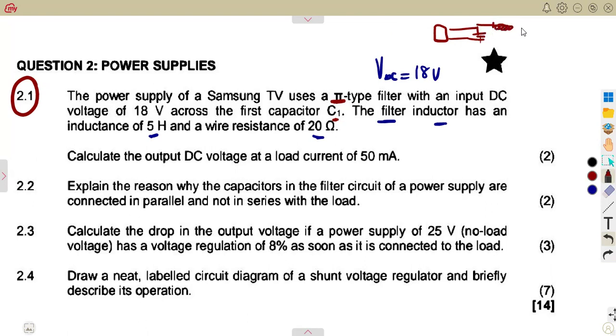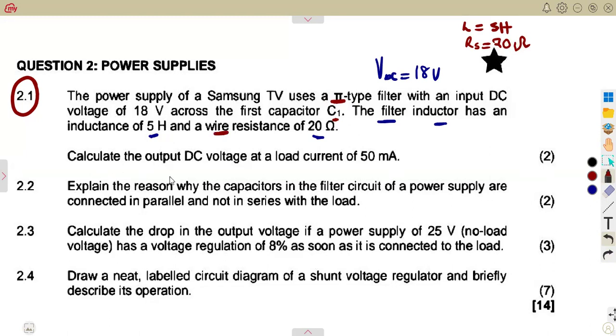So the inductor here can be in series, then there will be another capacitor there. So this is the condition that you are given, that it is in series with this one, a wire that is affecting the inductor. So there is an inductance of 5 henries and a series resistance of 20 ohms together. It's on this inductor.